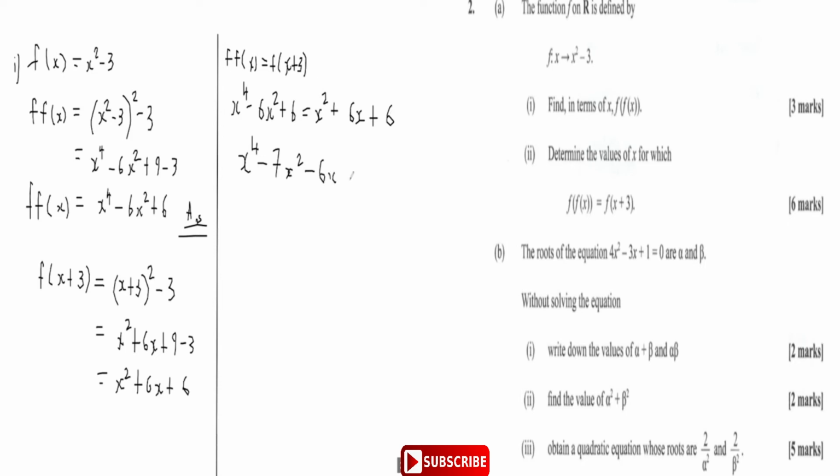Bringing over 6, I'm going to get 0. And so that's equal to 0. X to the 4 minus 7x squared minus 6x equals 0. I can then go ahead and factorize out x to get x times x cubed minus 7x minus 6, and that is now equal to 0.